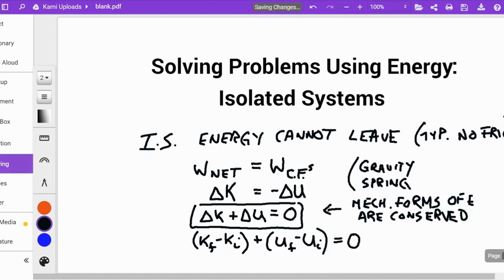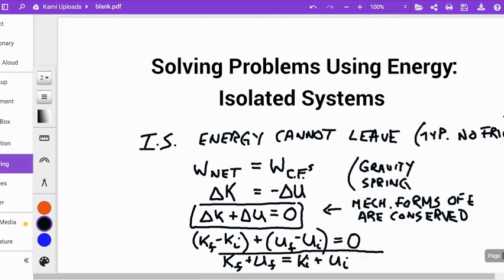So kind of expanding that out, you'll see right away that if you group those terms, you keep the finals on the left side, and then you move the initial terms over by adding them, you get another way of writing this conservation of energy formula. And I'm going to draw a box around it.